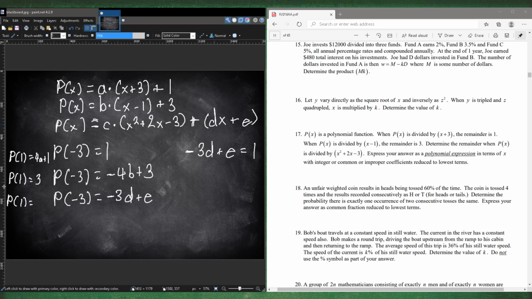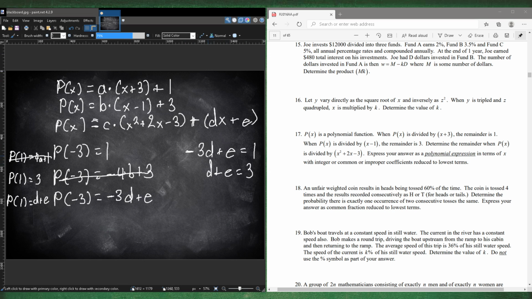So that's just going to be d times 1, which is x. Our x is 1, so that is d plus e. So that also gives us that p of 1 is 3, and p of 1 equals d plus e. So d plus e is also equal to 3. And now we could find our values for d and e because it's just a system of equations. So we technically don't even need to get this part or this part. I was just showing work if we need it, because all we need is basically the constants.